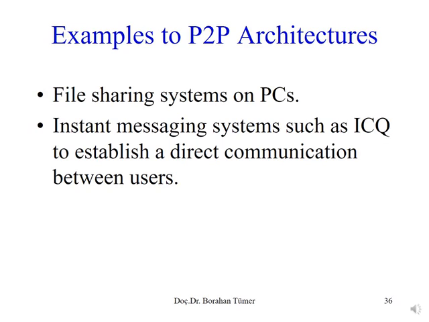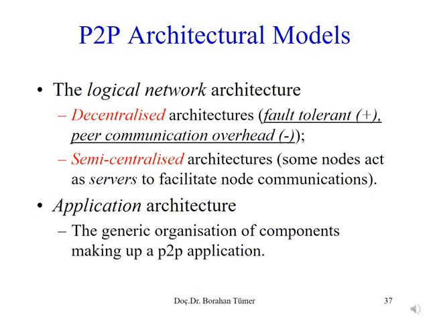The model of the peer-to-peer architectures can be studied at two different levels. The first level may be the logical network level, and the second level may be the application architecture. In the logical network level, we see that peer-to-peer architectures are decentralized architectures, and their advantage is that they're fault tolerant, and their disadvantage is that the peer communication overhead is high.